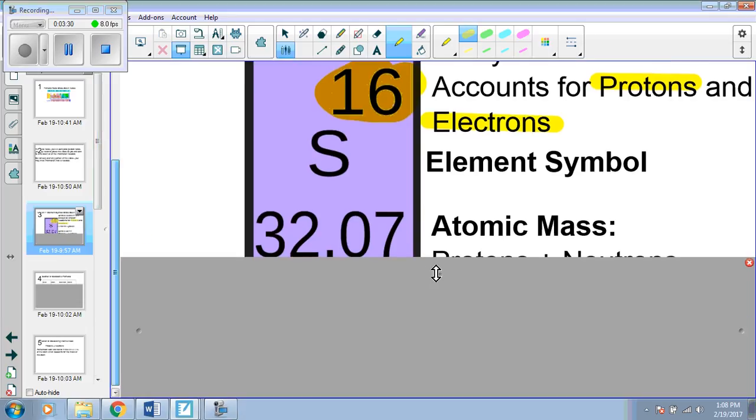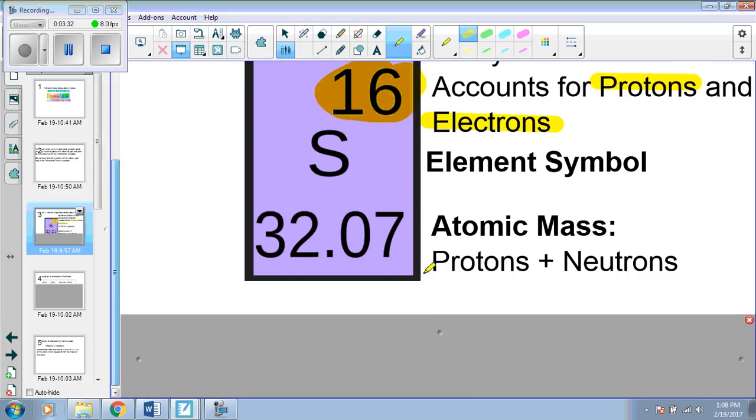And last but not least, the last component of the element symbol is your atomic mass. Okay, opposite of the atomic number, your atomic mass is always going to be the larger number, and how you calculate this is you take the protons and add them to the neutrons. Okay, think about where the protons and neutrons are located.